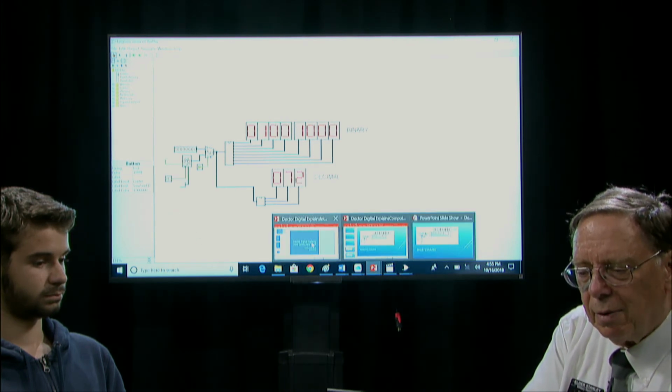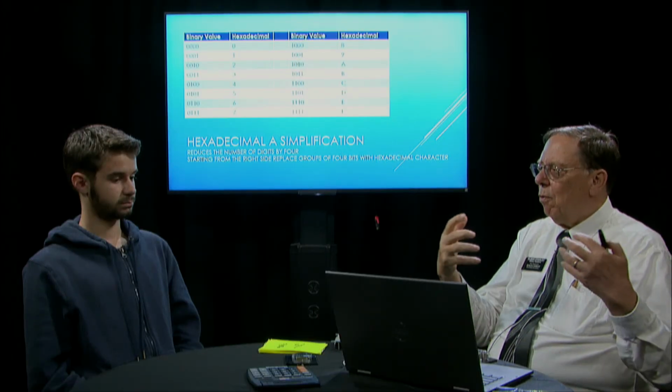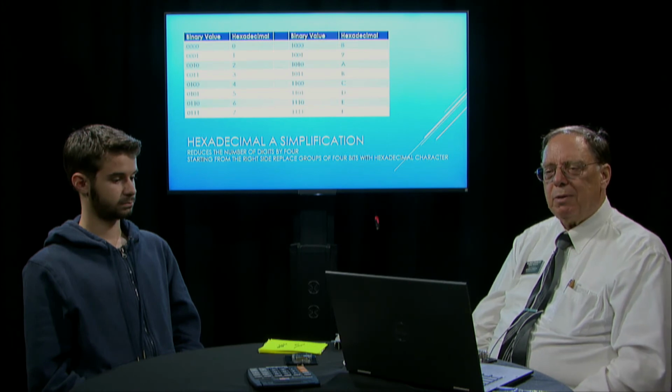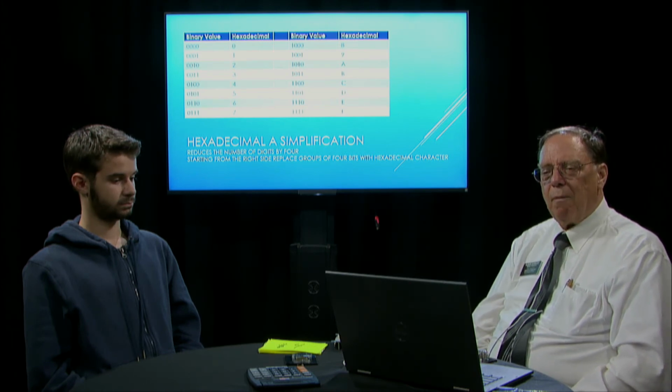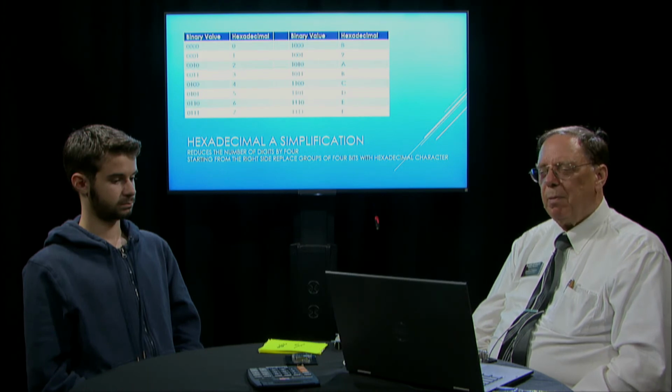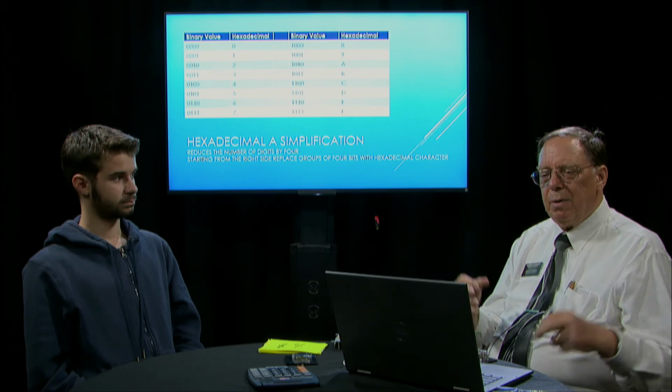Okay, let's go back over here to our PowerPoint presentation. One of the things that we do if we want to have a big number, like a 64-bit number, is display it more easily for human beings. We could put it into a decimal number, but decimal is not an even multiple of a binary number system.